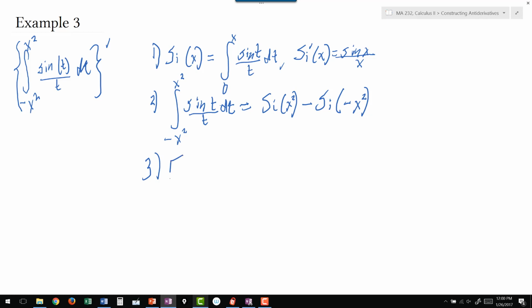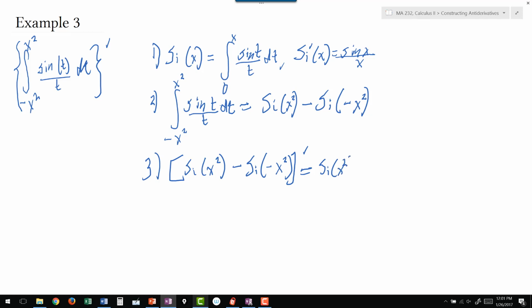So now I need to take the derivative of that difference. Well, using the derivative of the difference is the difference of the derivatives.